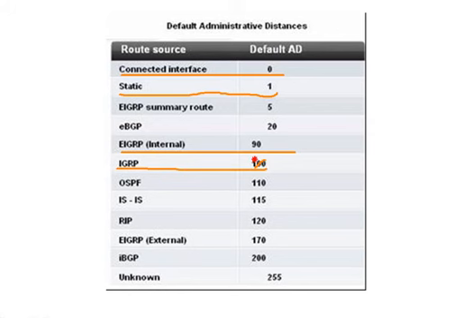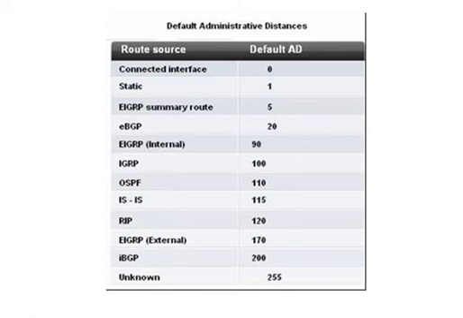Nowadays this is not used. We are not working on IGRP. Cisco does not support IGRP. And OSPF 110, RIP 120. So these are the default metrics, the default administrative distance of each routing protocol by default.